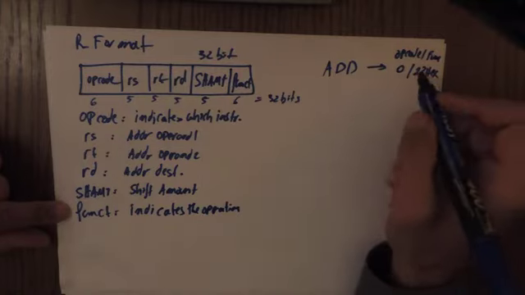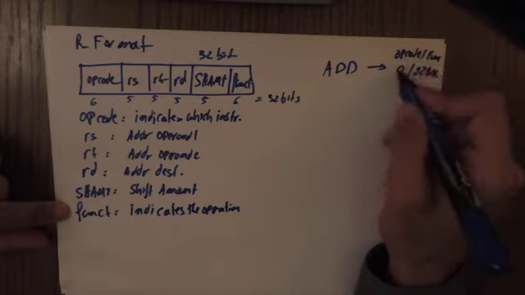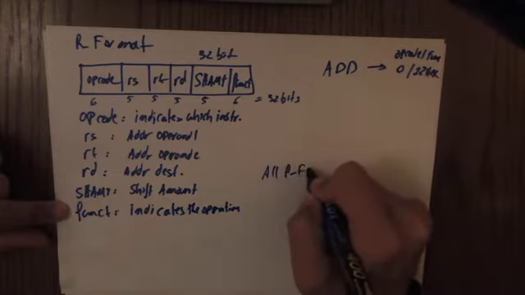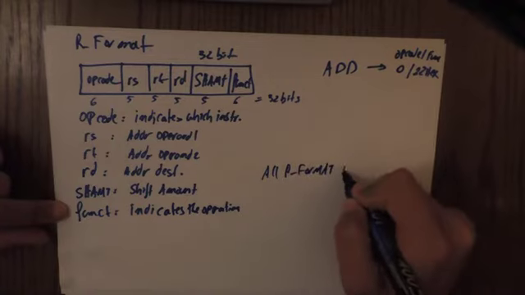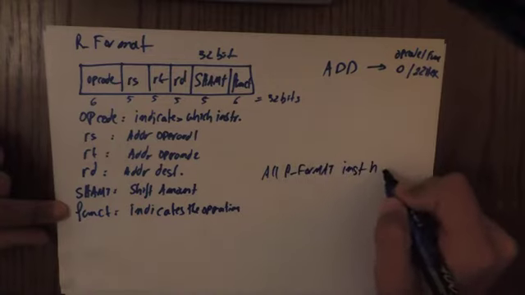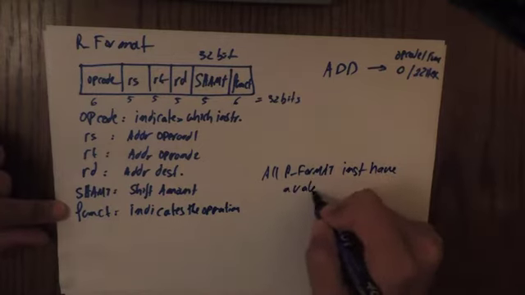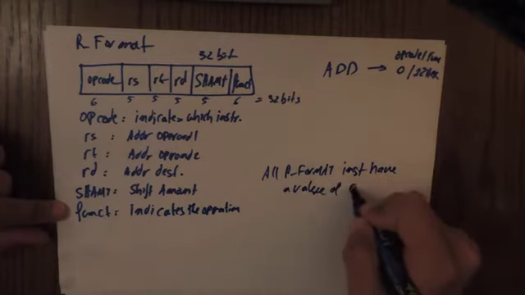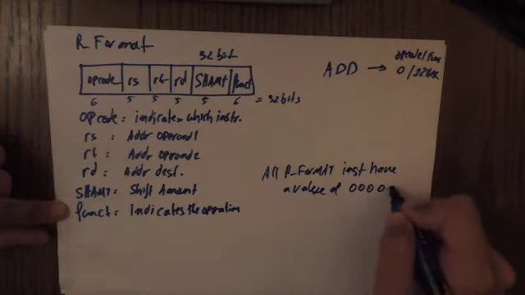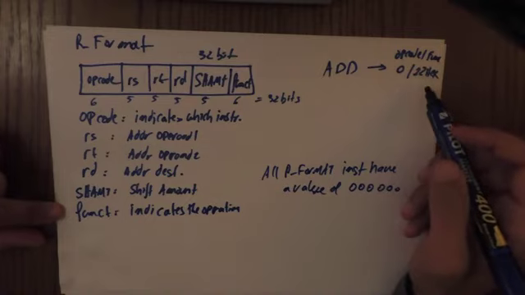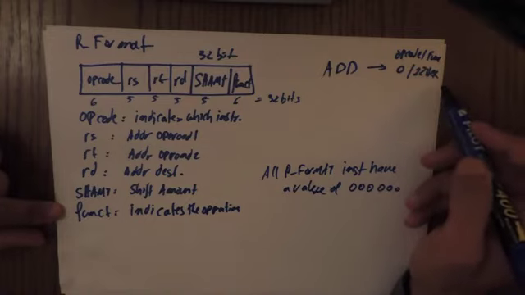All R format instructions have an opcode of 0. Actually they are 6 bits, so it's 000000. The way they differentiate between different instructions is through the function.